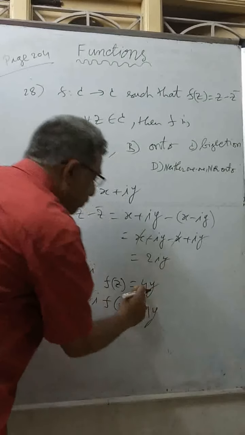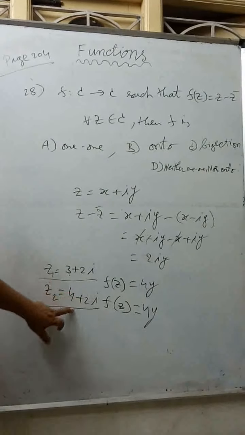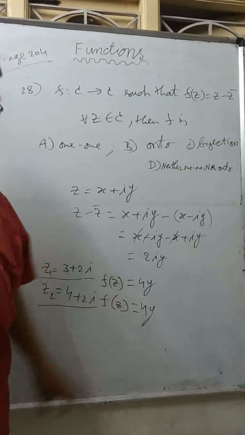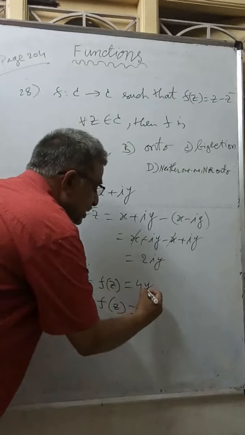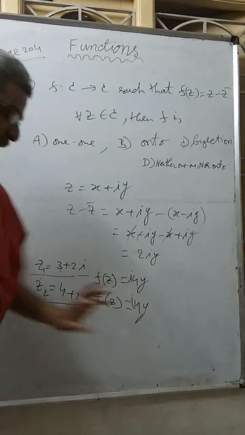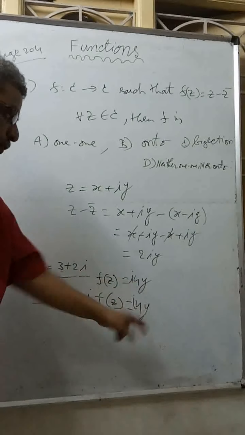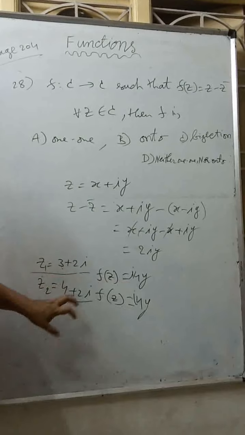So both 3 plus 2i and 4 plus 2i map to 4i. Two complex numbers are mapped to the same complex number 4i.